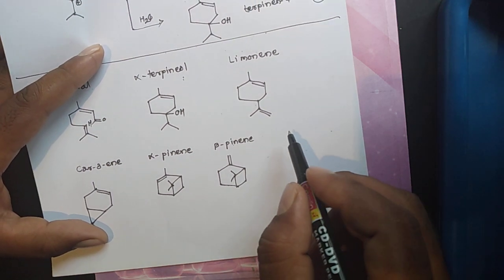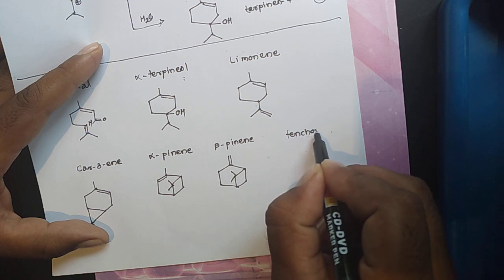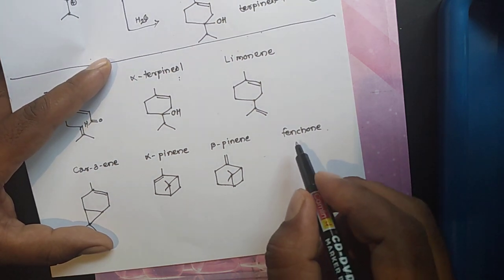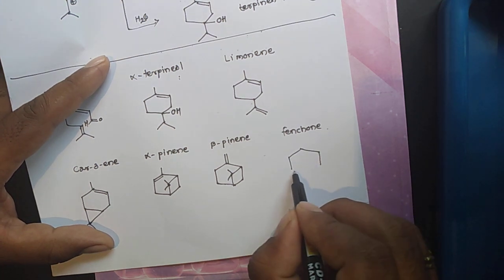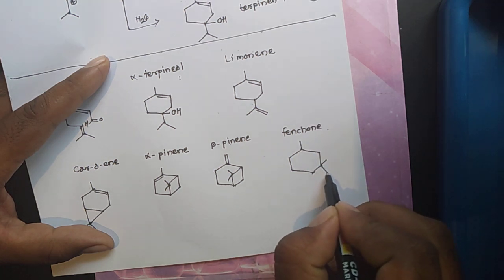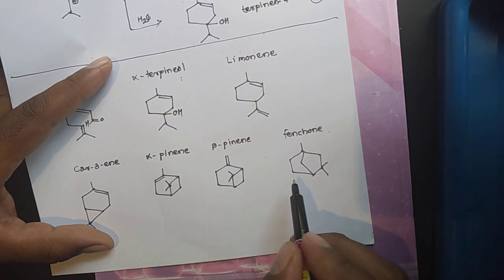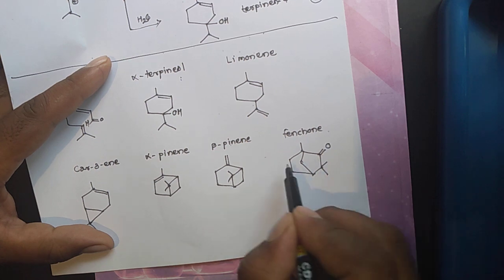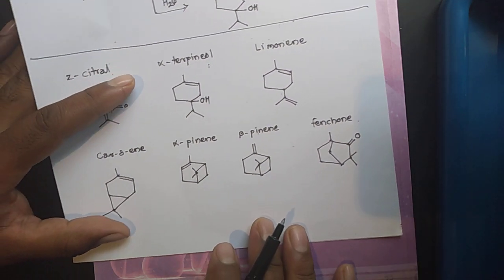Then today we have learned fenchone, right? So double bond O is there. How have we drawn this? I hope you remember. This is the basic structure of the fenchyl cation, and instead of OH or a double bond here we have to add a double bond O, which is fenchone.